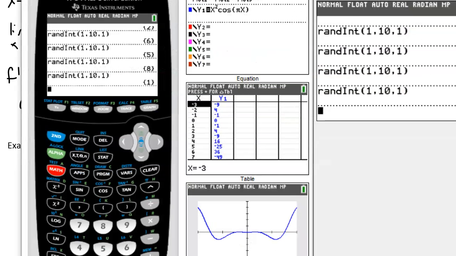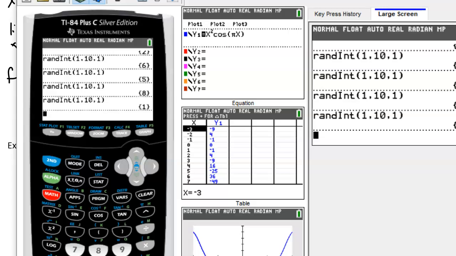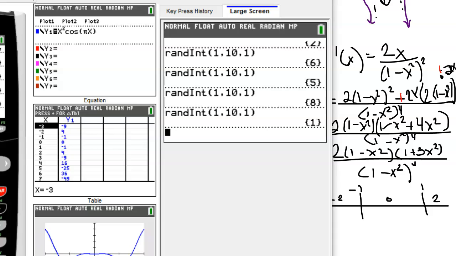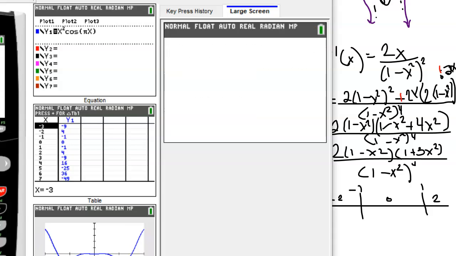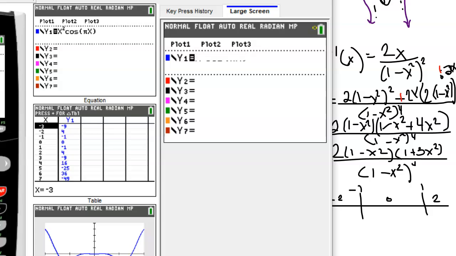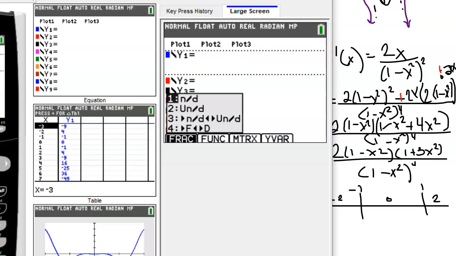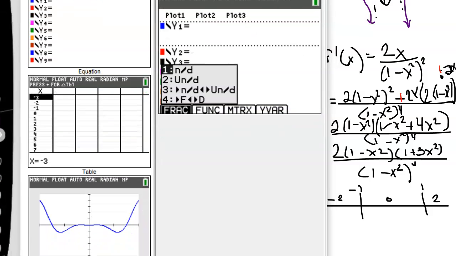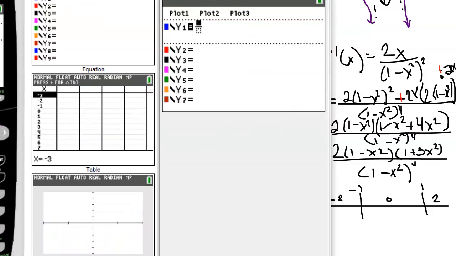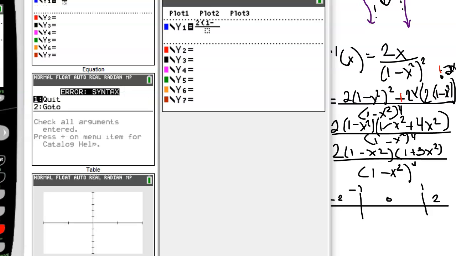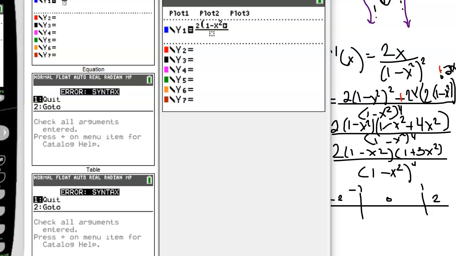So I'm going to be switching to my graphing calculator emulator to evaluate this function. I have to do this off screen just a tiny bit so that I can still see my second derivative. I am going to type the equation of the second derivative into my calculator emulator. And that is 1 minus x squared, 1 plus 3x squared.